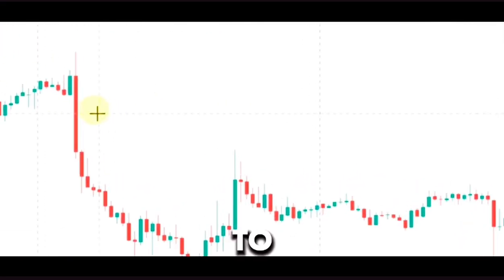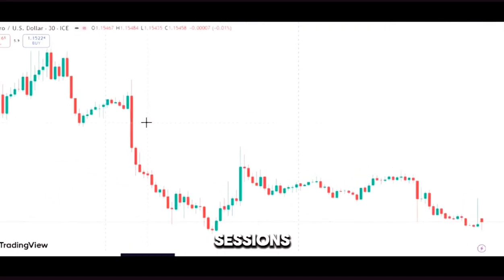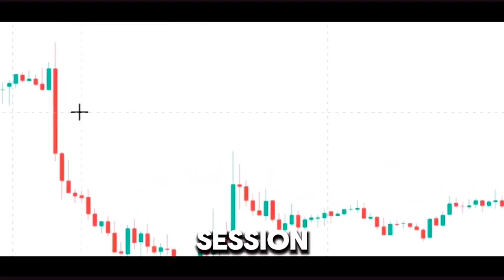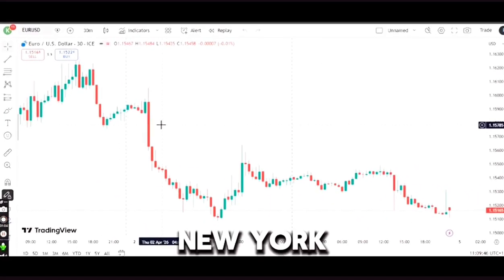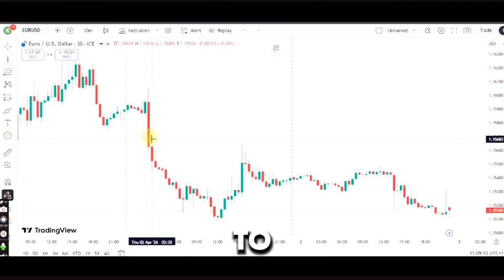So we are going to divide this particular day into these three major trading sessions: the Asia session, the London session, and the New York session. I'm going to use a horizontal line to indicate this.